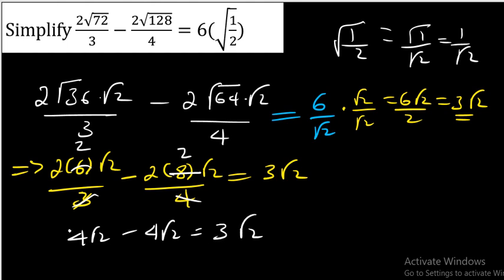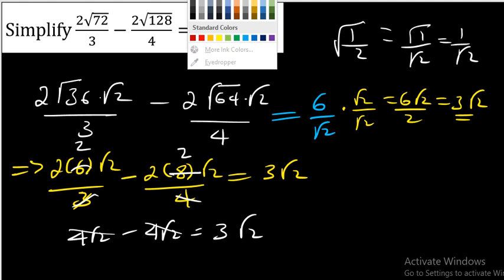So what do I have? This will cancel out, and that means the original equation was supposed to be corrected.